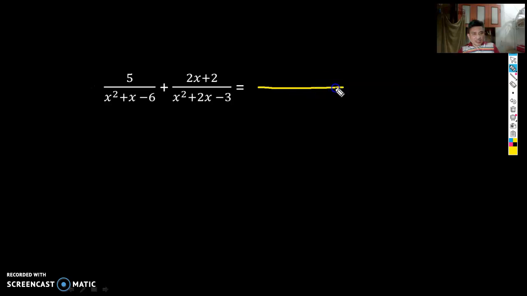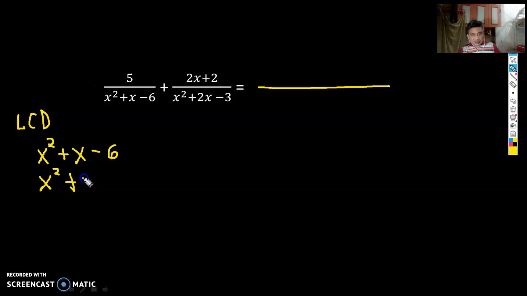We identify the LCD of these denominators. Although I discussed getting the LCD in previous videos, let's write it here to review.